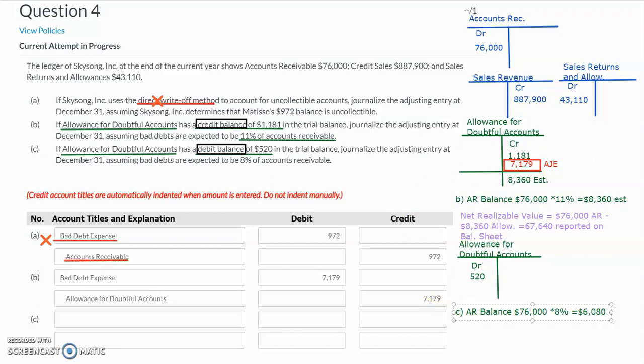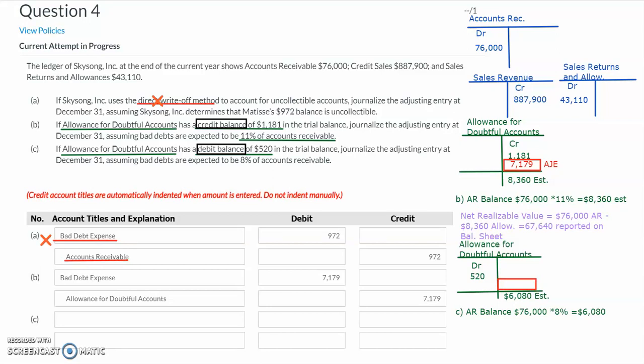So for our T accounts, we always want to report our estimate at the end of the accounting period on the credit side. So 6,080 is our estimate. So we need to record our adjusting journal entry, which will be the difference between the existing balance and this estimate.